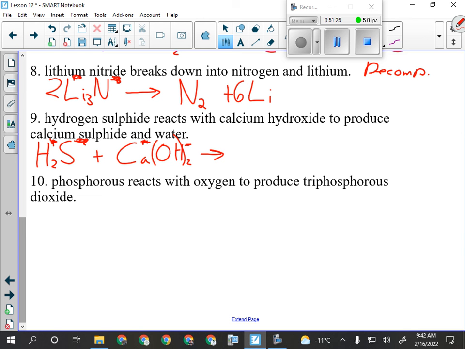All right, so what that's going to produce is calcium sulfide, Ca 2+, sulfur 2-. That one's good the way it's written. And water. I'm writing water as HOH. Why am I doing that instead of H2O?